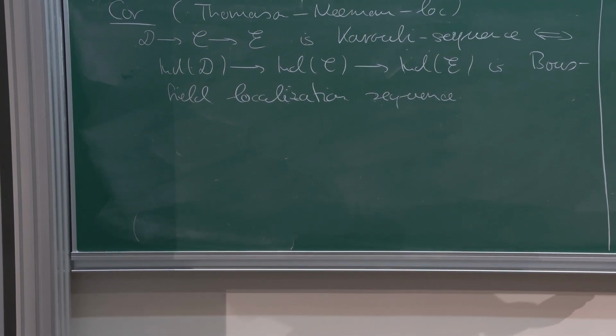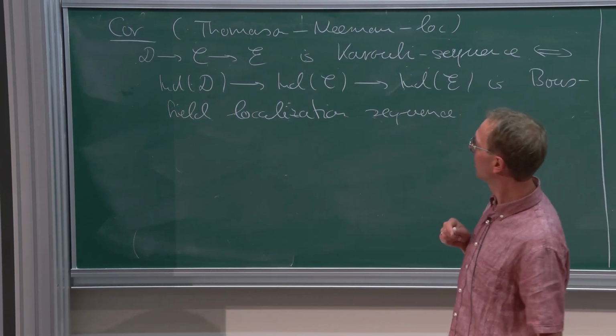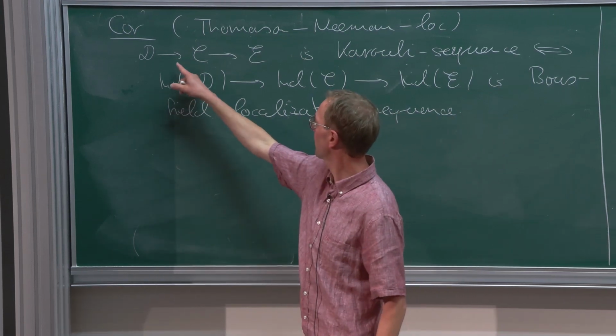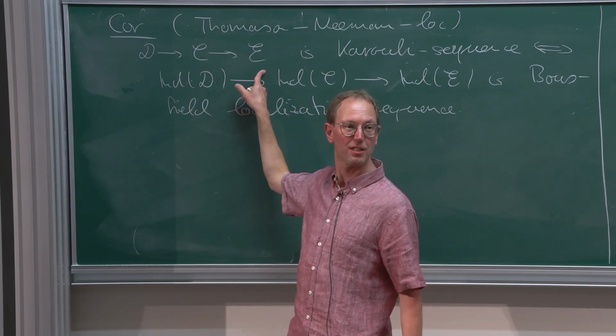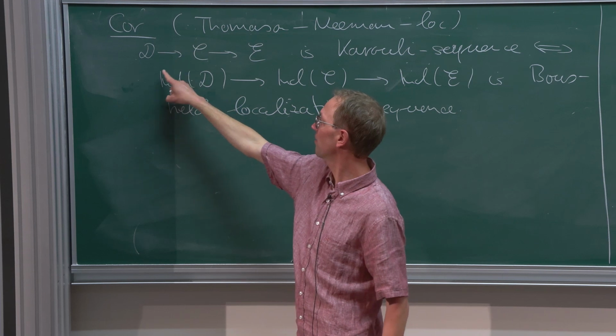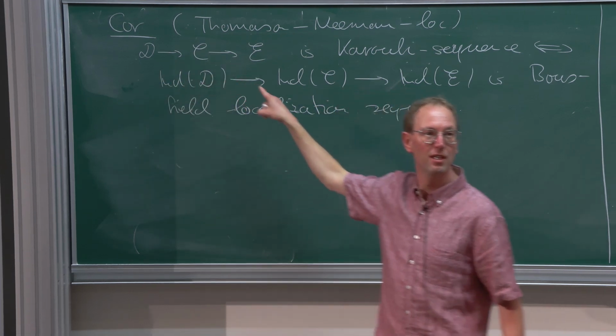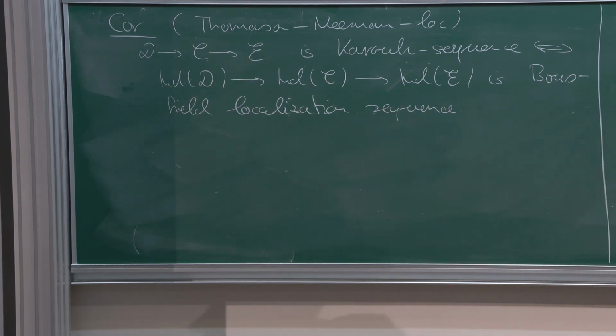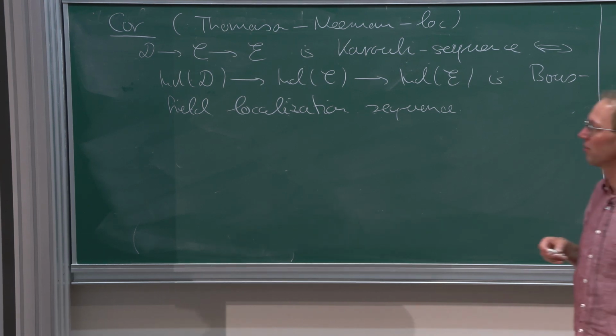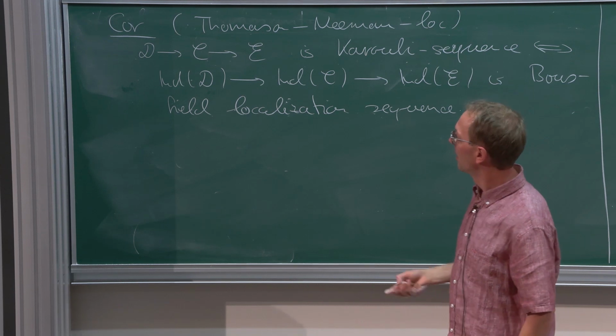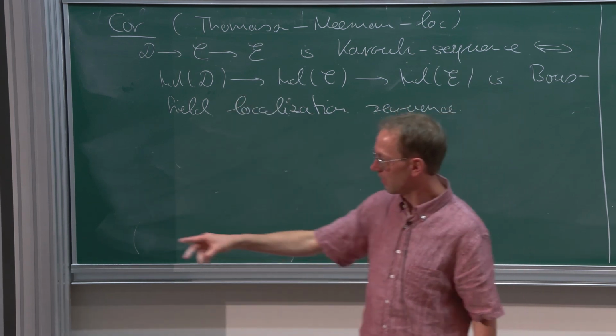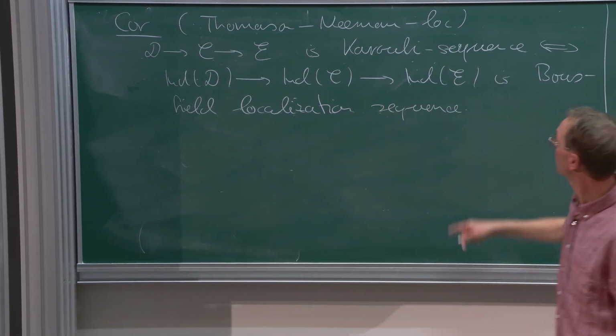Okay, so how do we prove this from that one? If you have this candidate sequence here, then you just compare this one with the sequence D goes to C goes to C mod D. You get a comparison functor between the two by the universal property of the Verdier quotient. Then you pass to Ind-completions, and this theorem says that on Ind-completions you get an equivalence.